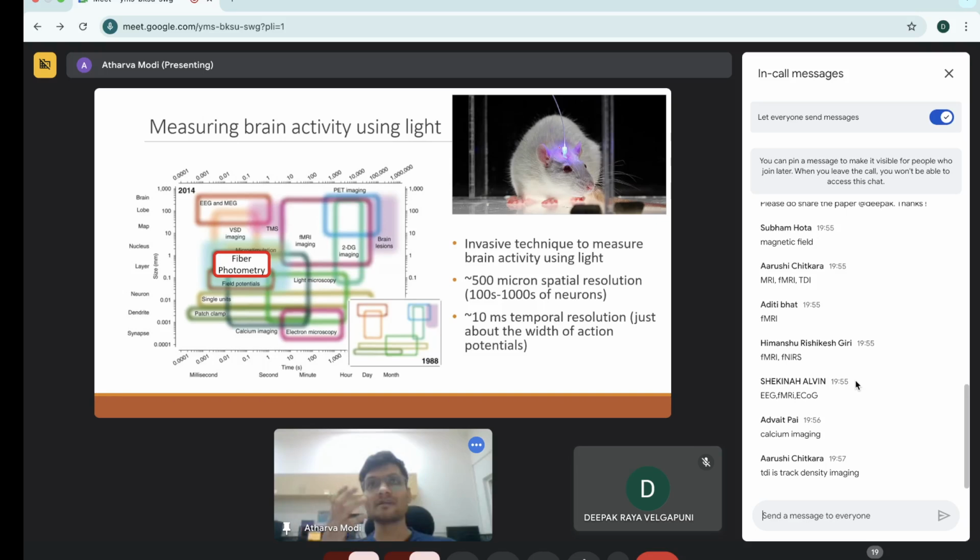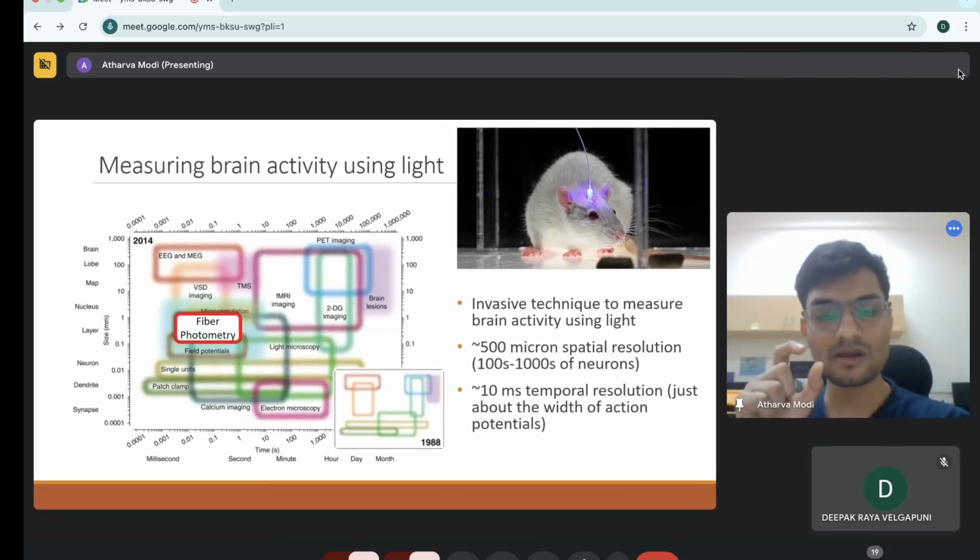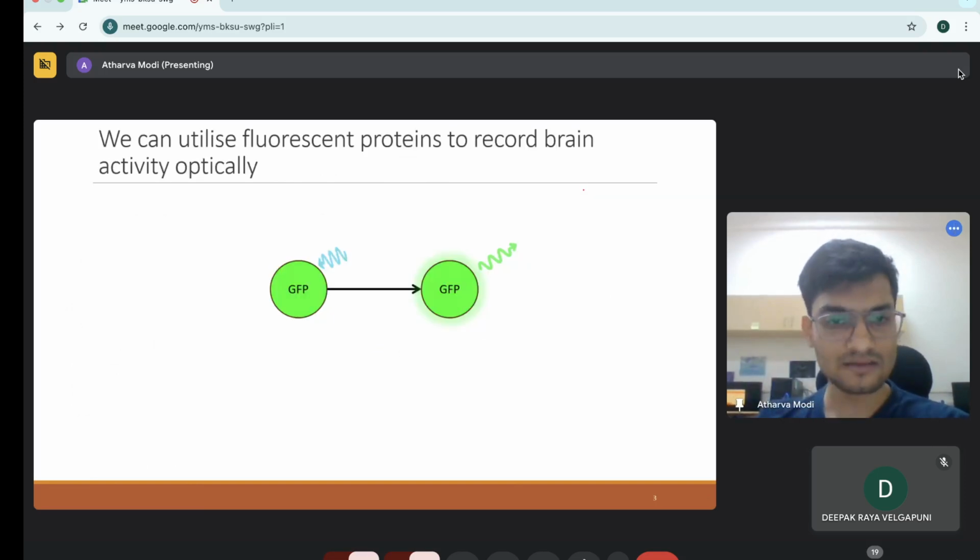Of course, we need a biosensor, which responds to light, and we get some output out of it, which scales with our analyte. Analyte here is the thing that we want to measure. It's called analyte. So we can use fluorescent proteins.